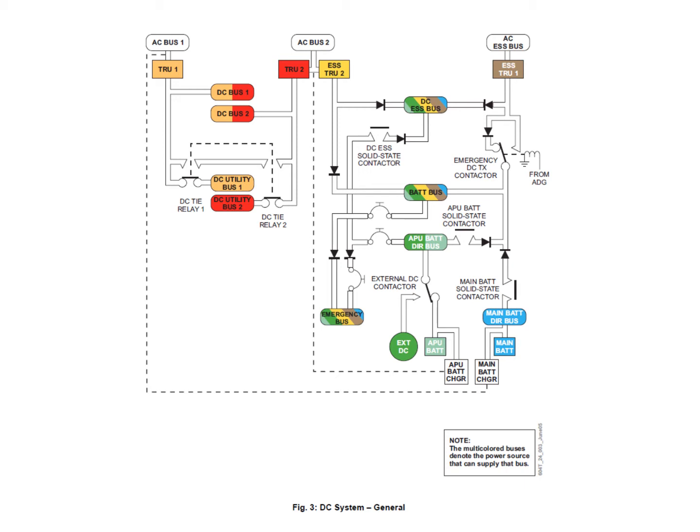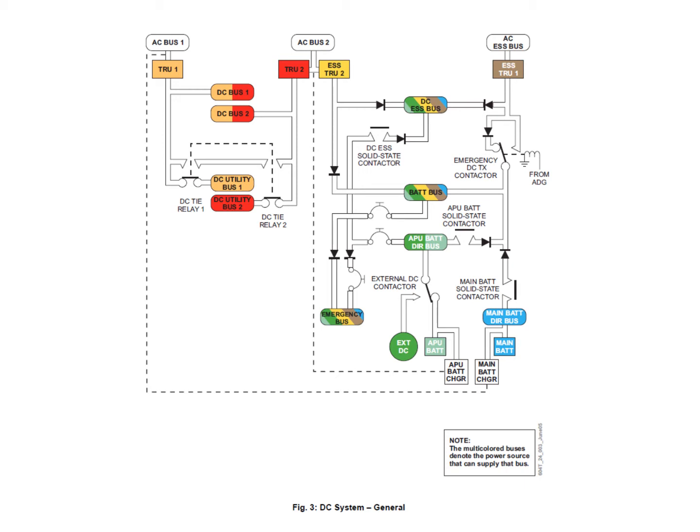But what can happen is we can transfer it or tie it together so that one TRU can feed the two main buses, but it can't do that and the utility bus at the same time. So we're going to prioritize the main bus.